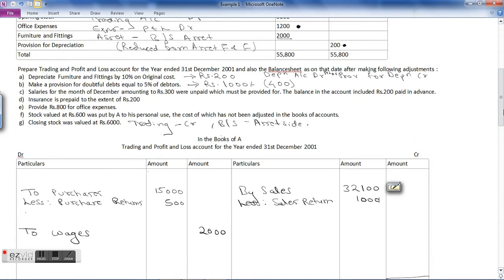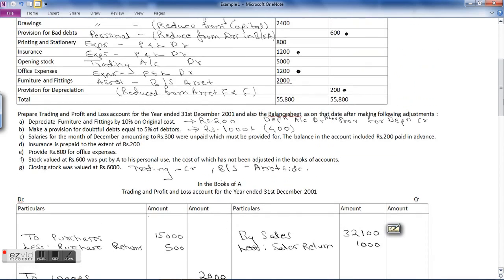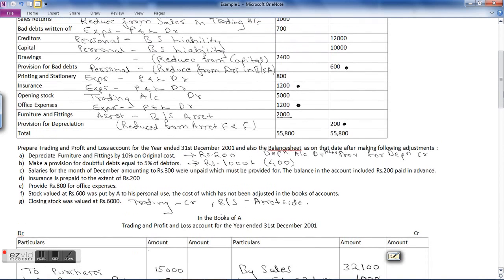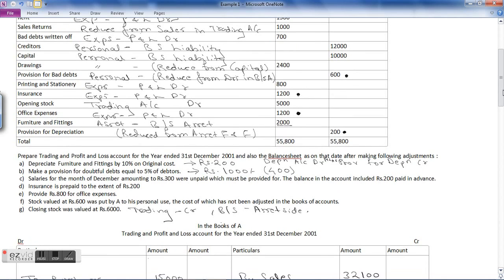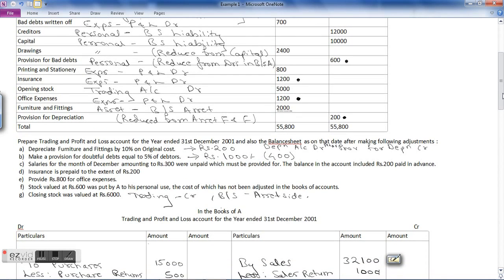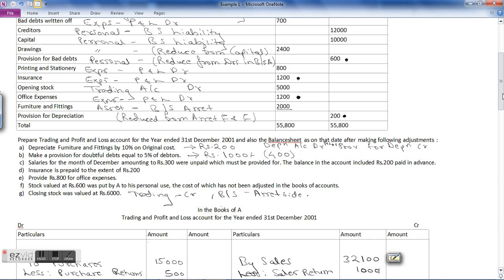Next is bad debts written off 700. Okay, so bad debts, again an expense, P&L will go there, bad debts written off 700.